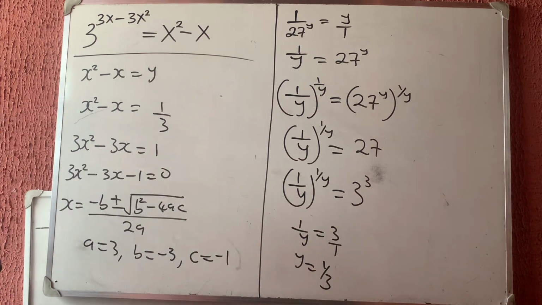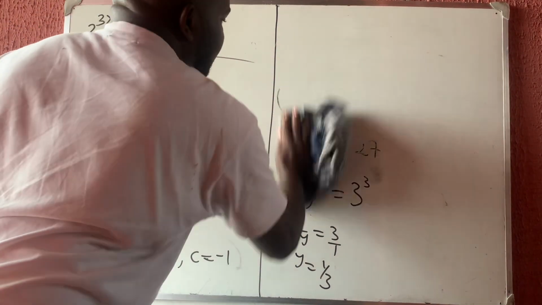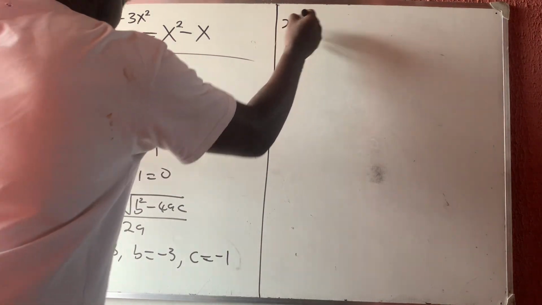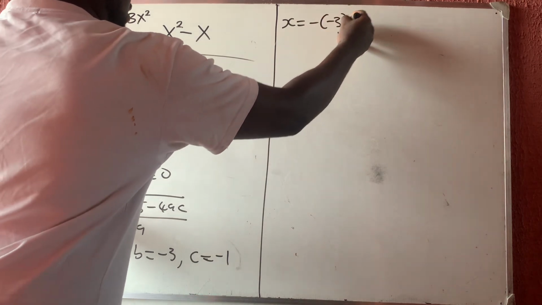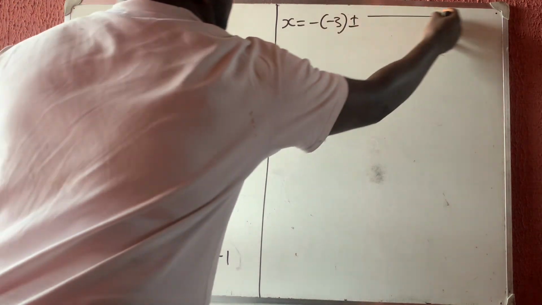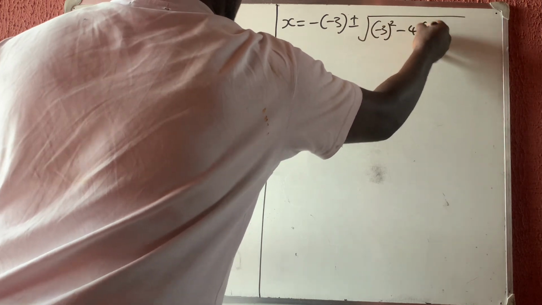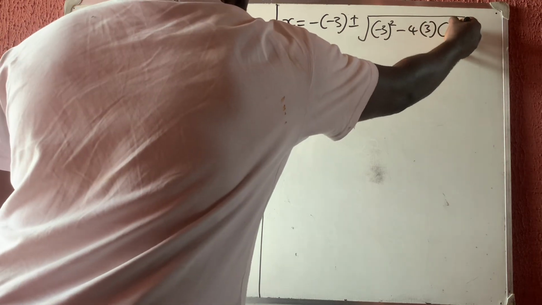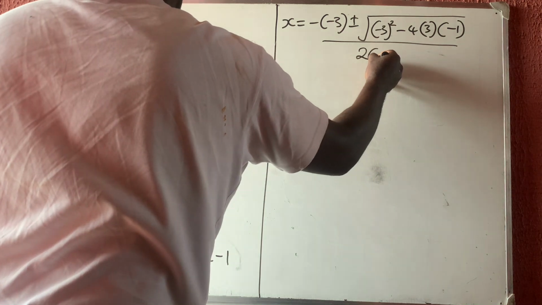So if I substitute, I'm going to have finally that x is equal to minus into minus 3 plus or minus the square root of minus 3 squared minus 4 into 3 into minus 1, then everybody over 2 into 3.